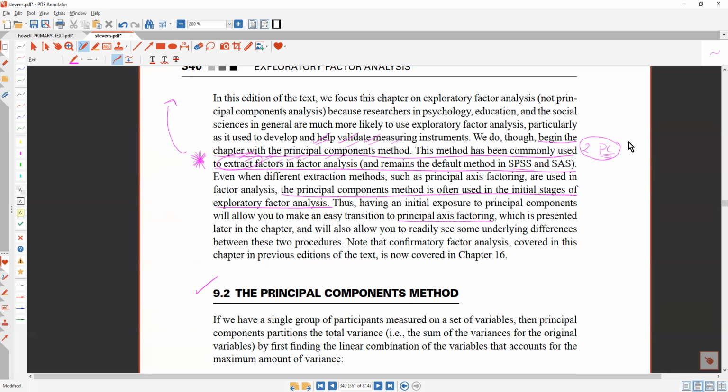Why? Because if you extract 2 or 3 or 4, it doesn't change the loadings. That's not true in EFA. Extracting 2, 3, or 4 does change the loadings. These are not going to be the same depending on how many factors you extract. So really, really important. One method in factor analysis that they'll talk about briefly is principal axis factoring, which is one method of factor analysis.